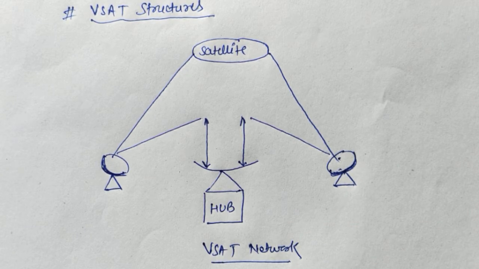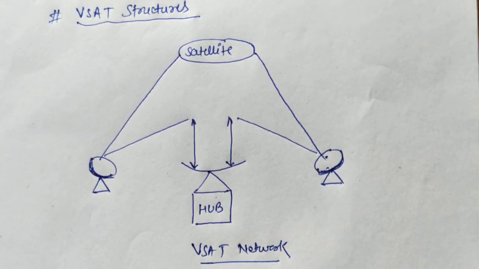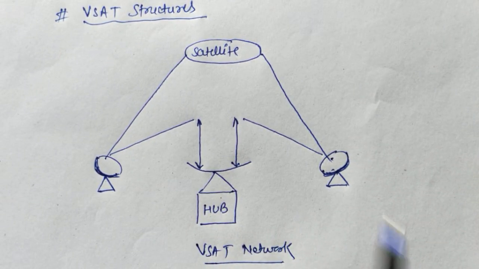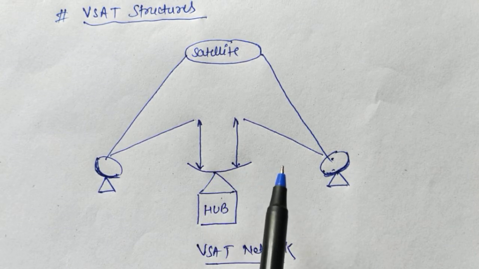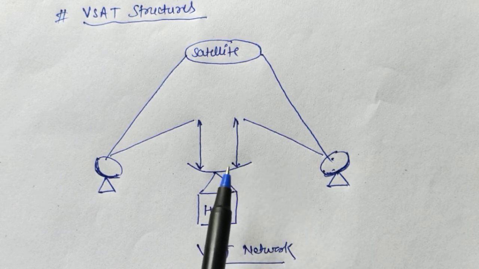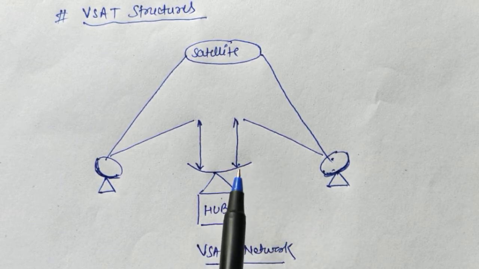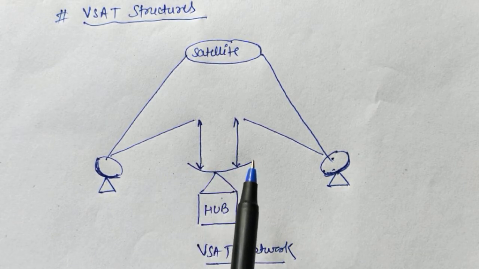Dear students, in this, each end user is interconnected with the hub station via the satellite, forming a star topology. The hub controls the entire operation of the network. For one end user to communicate with another, each transmission has to first go to the hub station, which then retransmits it via the satellite to the end user's VSAT.